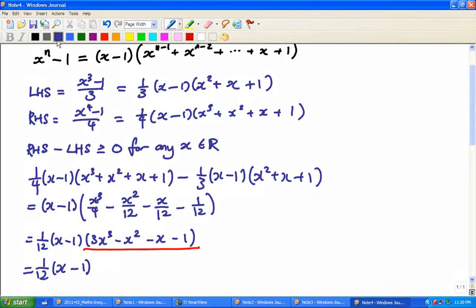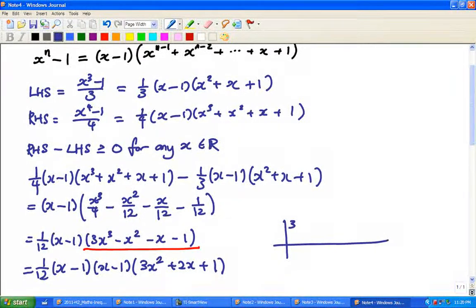So I can factorize it further to x minus 1 multiplied by 3x squared plus 2x plus 1. How I obtain this is I can use this method here. I copy down the coefficients for each x power. Since my factor is x minus 1, I put a 1 here.